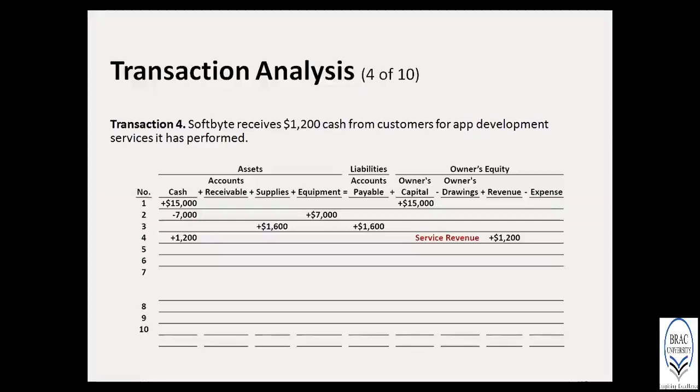So we can see in the accounting equation, the revenue account of the owner's equity section has increased by $1,200. And because Softbyte received $1,200 cash from the customer, the cash account of the company has also increased by $1,200.